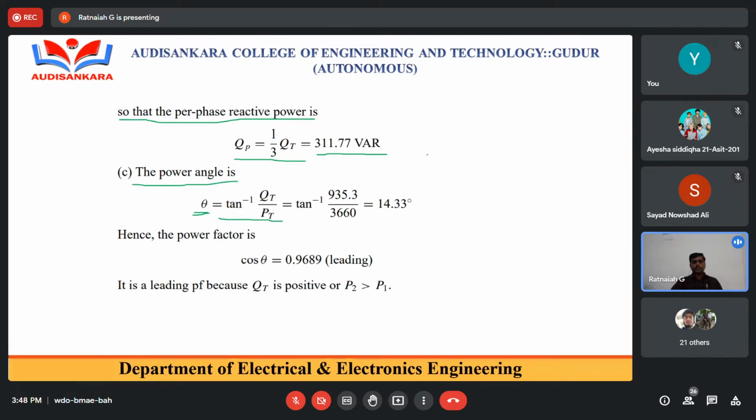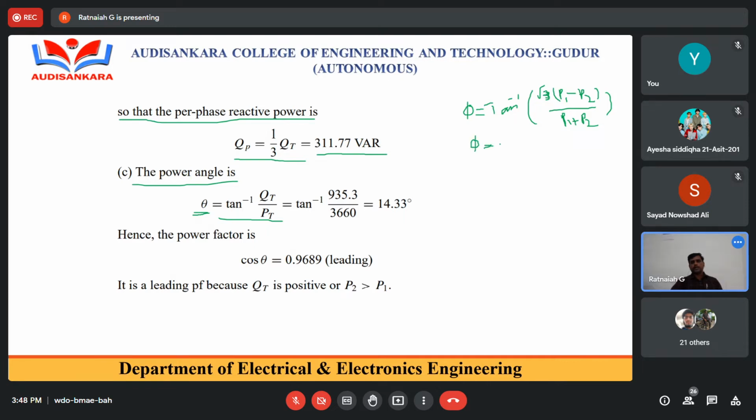Yesterday we already told that the angle phi or theta has an expression: tan inverse of root 3 times the difference of both the wattmeters, P1 minus P2, divided by the total power consumed by the load, that is P1 plus P2. This is an expression we obtained in the previous class.